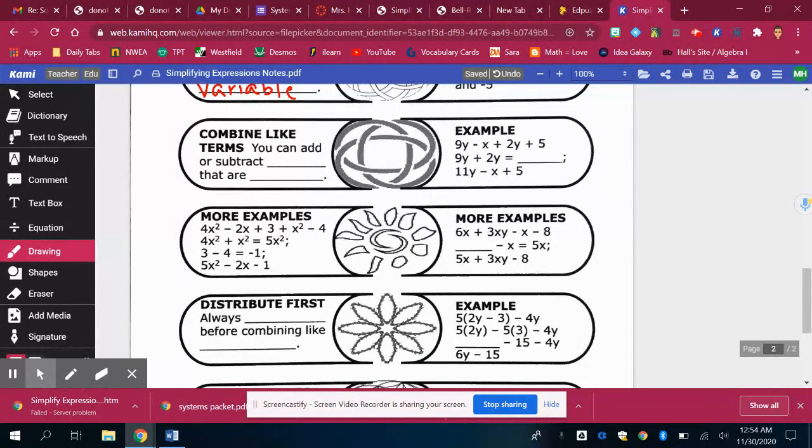All right. Combine like terms. You can add or subtract terms that are alike.